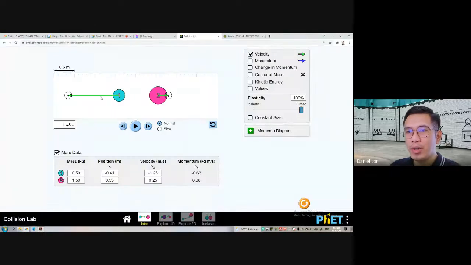So after collision, which of the two has the higher velocity? The first one, because initially they have to conserve the momentum, and momentum is a quantity affected by mass and velocity. The mass is smaller, so therefore it needs a bigger velocity, or it results in a bigger velocity. So its velocity now is negative 1.25.